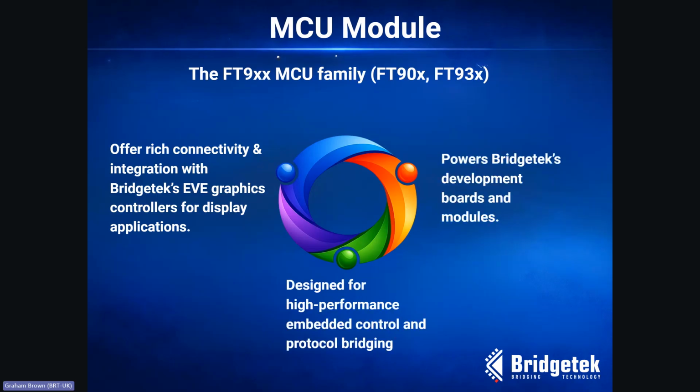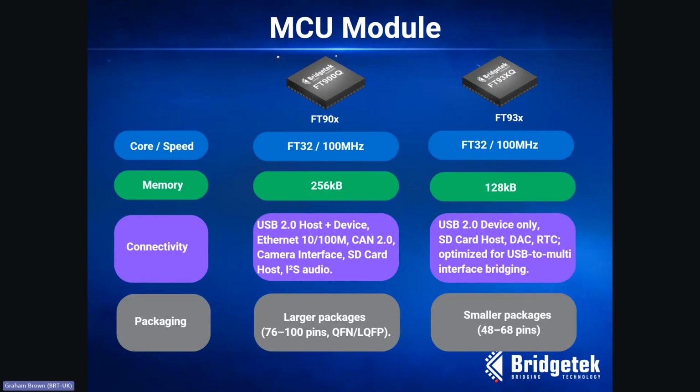These offer a variety of interfaces such as SPI, I2C and USB and are ideal for bridging applications. The FT90X, in addition to SPI, I2C and USB, also includes Ethernet, CAN and SD card interfaces, allowing its usage for a wide variety of applications. The FT93X series offers the same great features as the FT90X, but comes in a reduced pin count package.